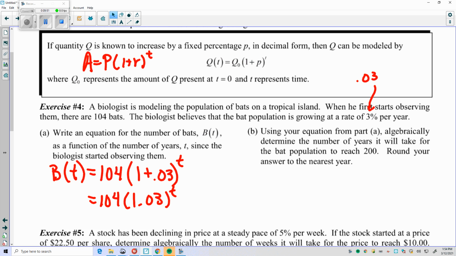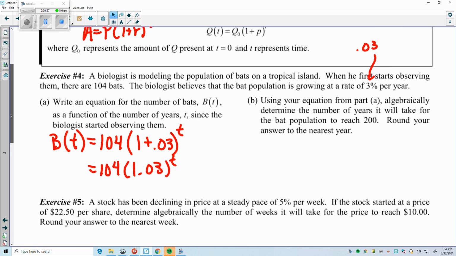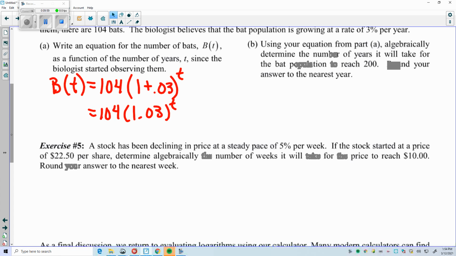So now it says we're going to use that equation from part A to algebraically determine the number of years it will take for the population to reach 200. So before, when we did this, we would just graph out 200, and then we would graph out this other equation. We would see where they would intersect. Well, now using our log properties, we're able to solve this algebraically.